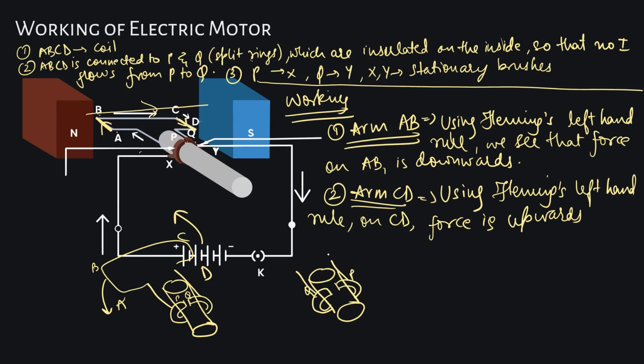So, which was the arm attached to Q? Look at this. Is AB attached to Q or is CD attached to Q? CD is attached to Q, right? So my coil becomes like this. This is C, D and this was B, A, right?